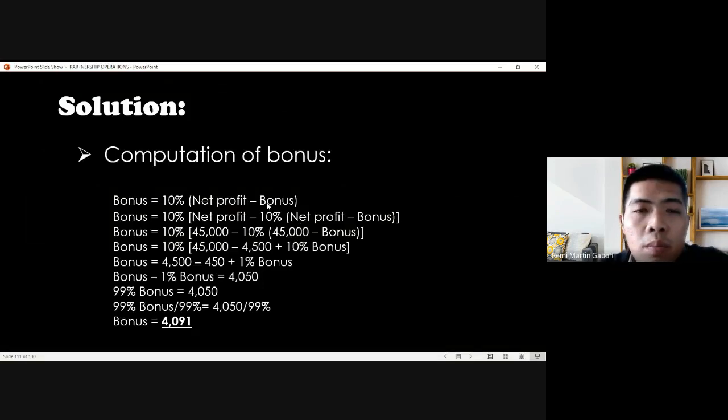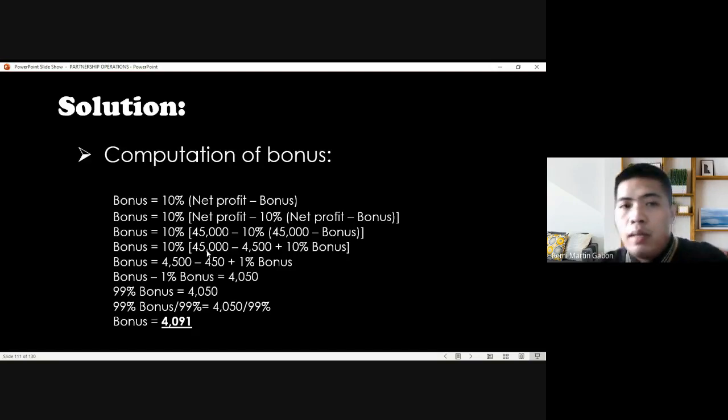Since bonus is computed as 10% of net profit minus bonus, i-expand natin. Magkaroon na tayo ng assumptions ng amount: 45,000 net profit minus bonus. Okay? Then, i-distribute sa 10%.